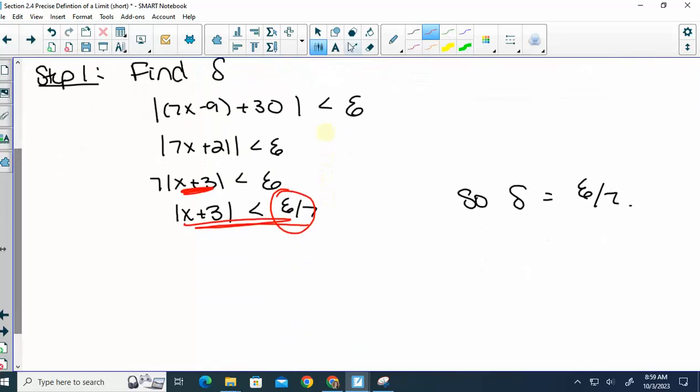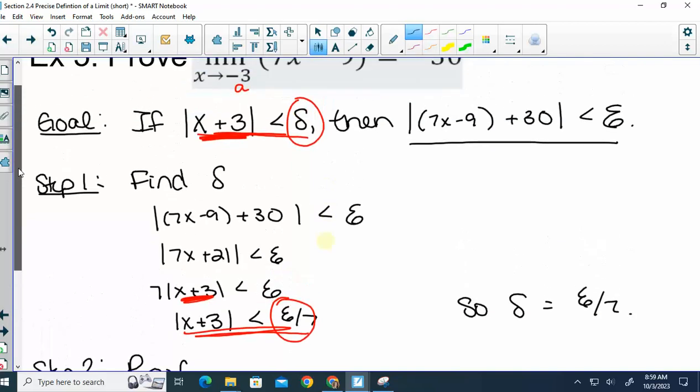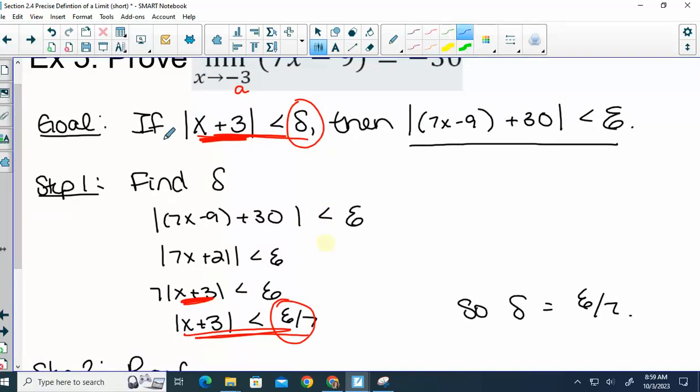So now, step 2, this is the actual proof. The first thing you have to do is tell me what delta is. So I'm going to say, let delta equal epsilon over 7. And then, the next sentence, we are basically copying down our goal until I get to the less than part.